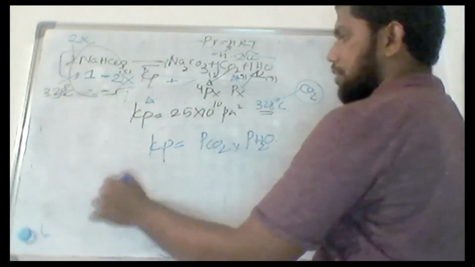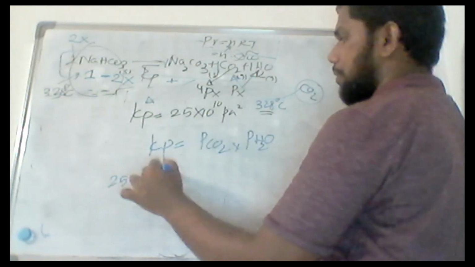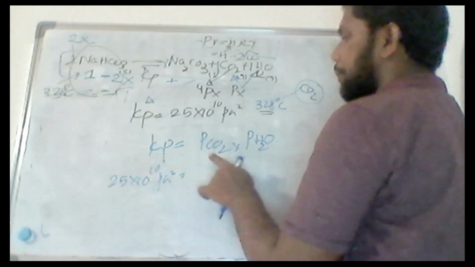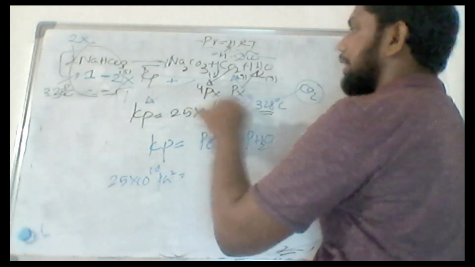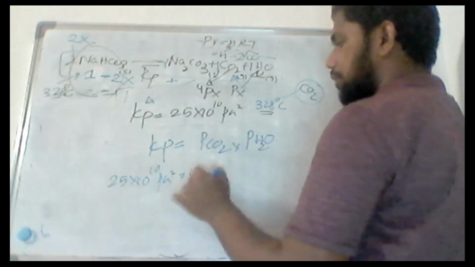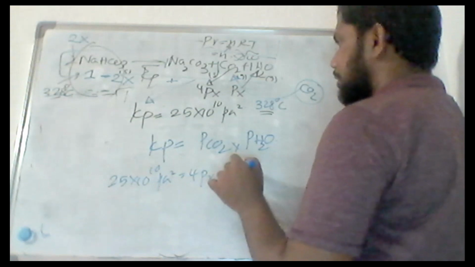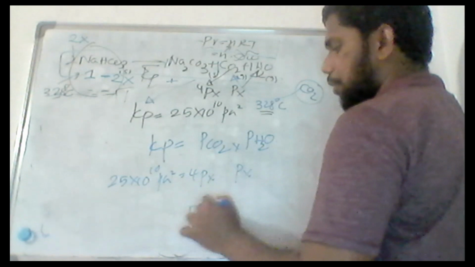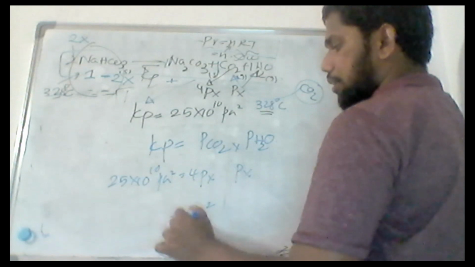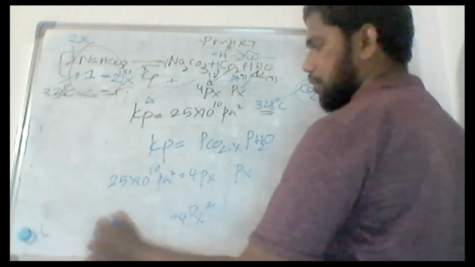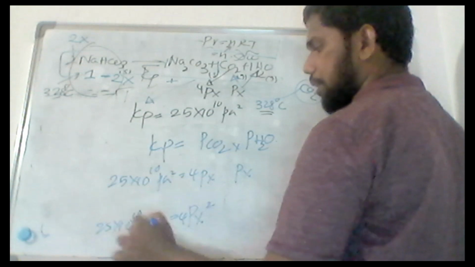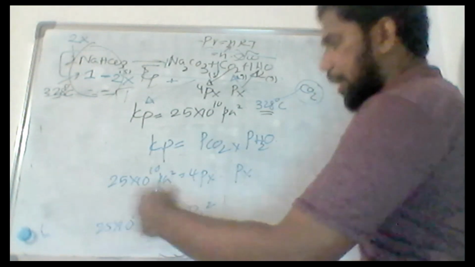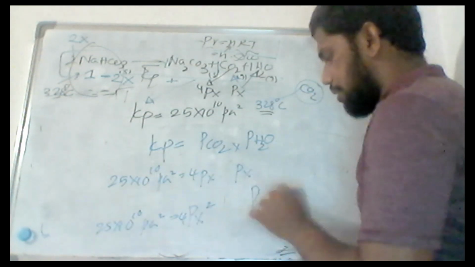Kp is 25 into 10 to the power 10 Pascal squared. PCO2, you can put in terms of Px, so this will be 4Px times Px. So finally, this is going to become 4Px squared, which is equal to 25 into 10 to the power 10 Pascal squared. So you can get Px here.